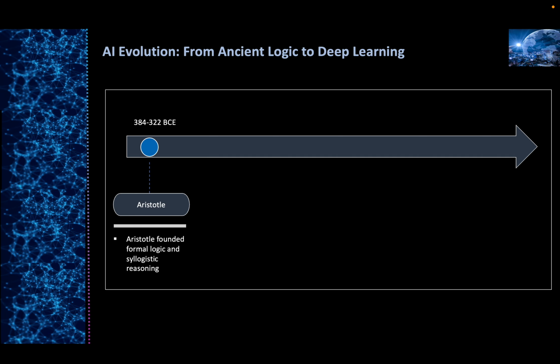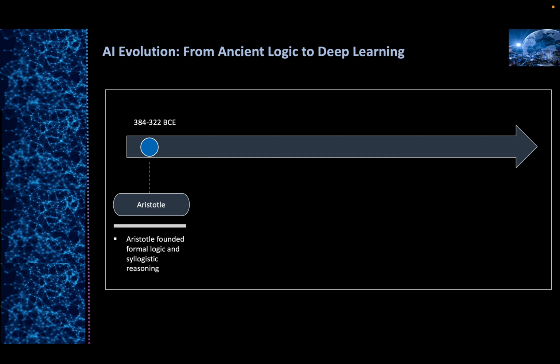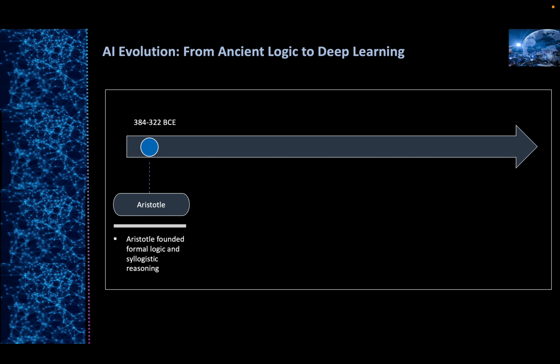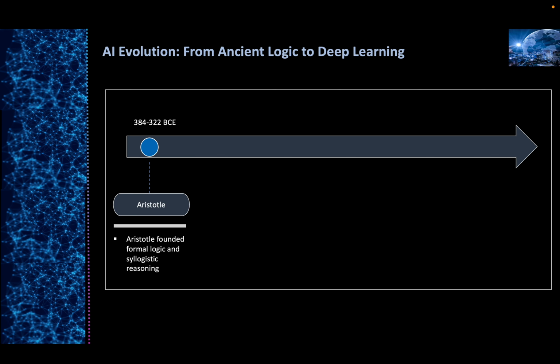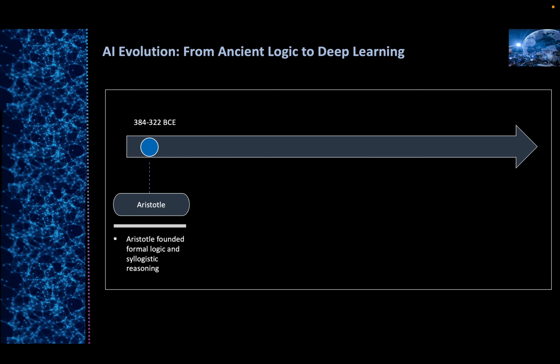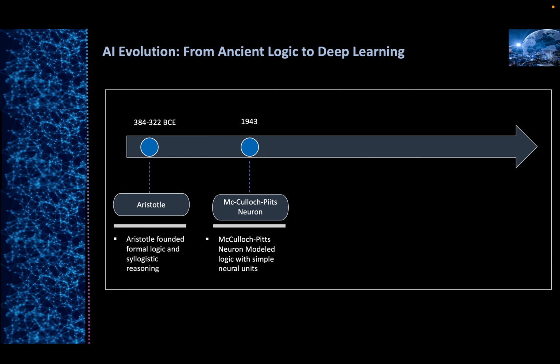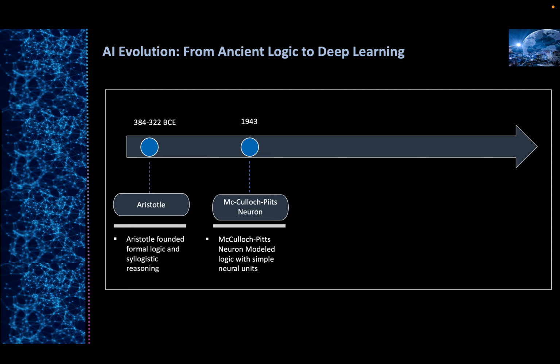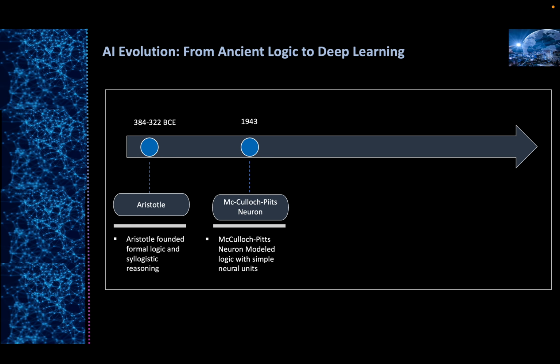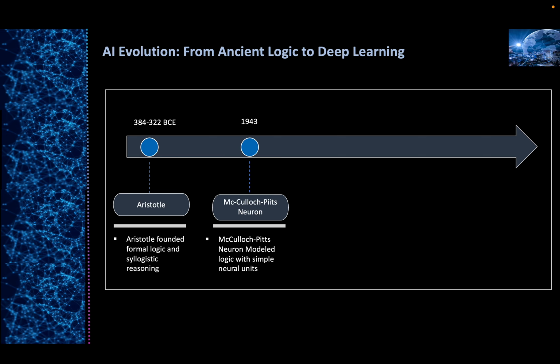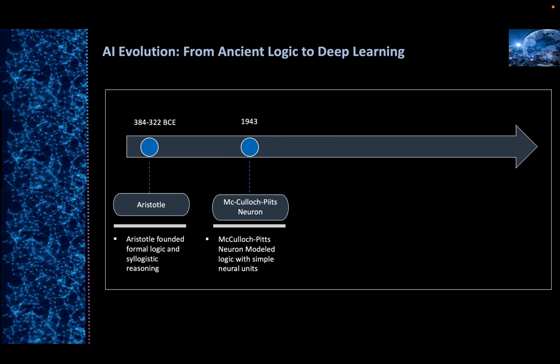He was the one who came up with a novel idea of how the human thinking process can be universalized and inference can be automated. Then in 1943, researchers McCulloch and Pitts studied the biological neuron and came up with the mathematical model of the biological neuron.